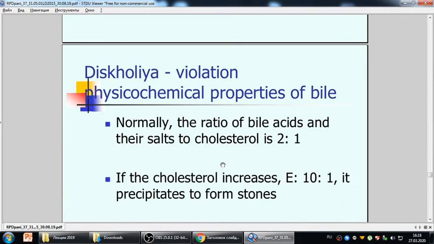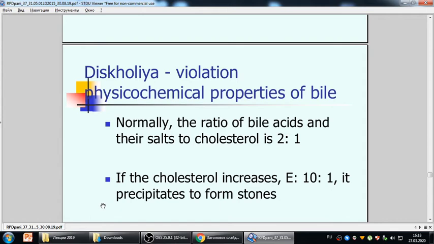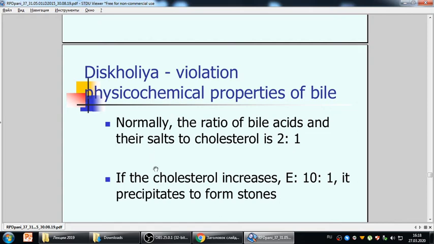To distinguish these disorders, we also should know about dyscholia, this violation of the physical and chemical properties of bile. Normally the ratio of bile acids and their salts to cholesterol is 2 to 1.